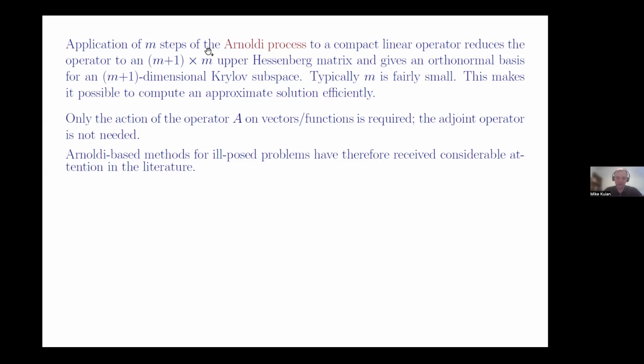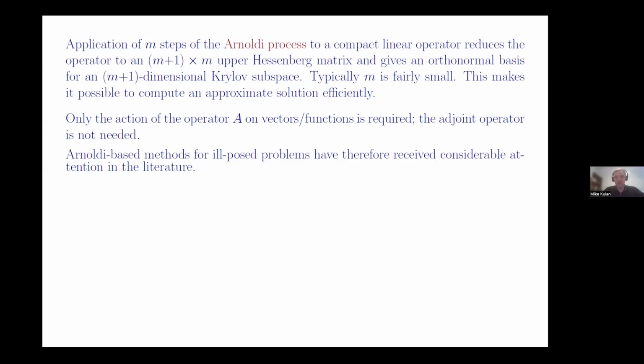Followed by the Arnoldi process, it gives an orthonormal basis for an (m+1)-dimensional Krylov subspace. Typically, m here is fairly small, actually much smaller than the dimension of the operator. This makes it possible to compute an approximate solution very efficiently.